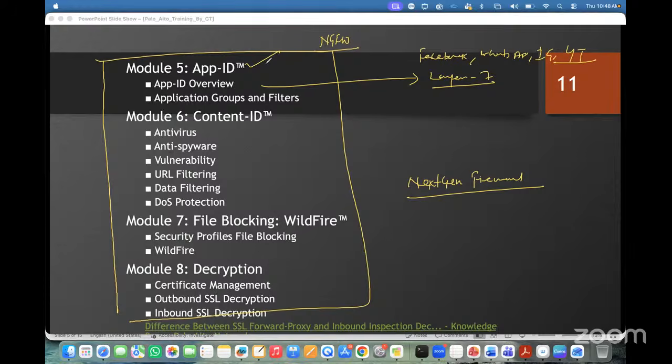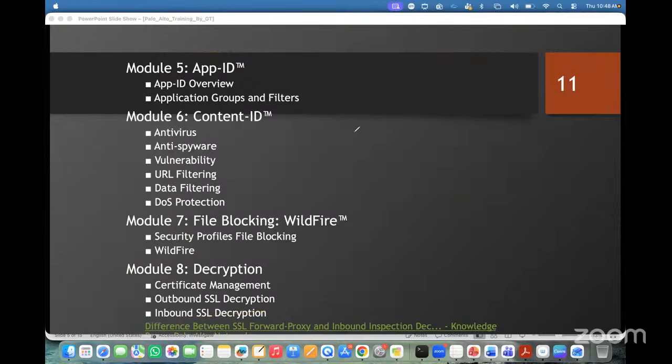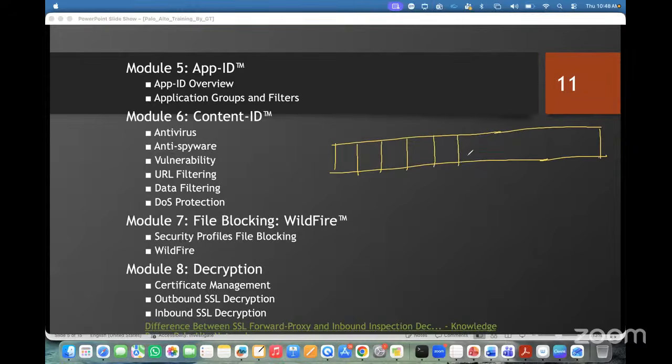And also, if you want to inspect the content, any firewall, especially a next generation firewall, when it receives the packet, has to process a lot of things, and the packet has a lot of information. Let me draw here. In this, you're going to find a lot of packet information. Just take an example.